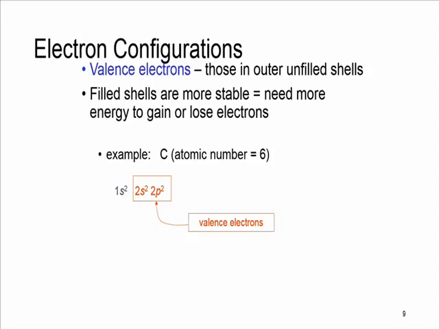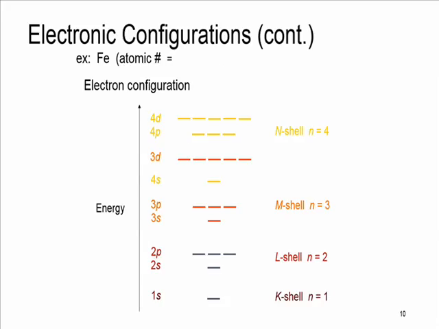Now let's find the electron configuration and valence electrons for an element that has a higher atomic number, like iron, that has atomic number of 26. First, we arrange various shells and subshells according to their energy level, as we discussed before.